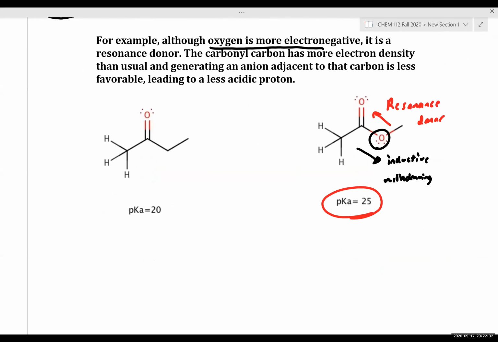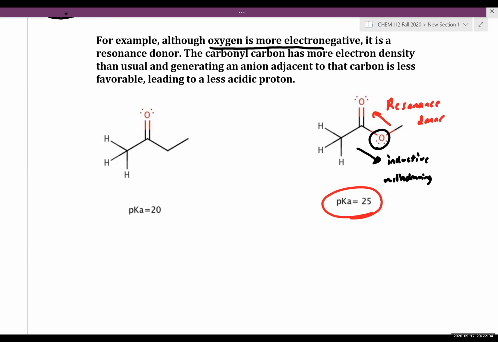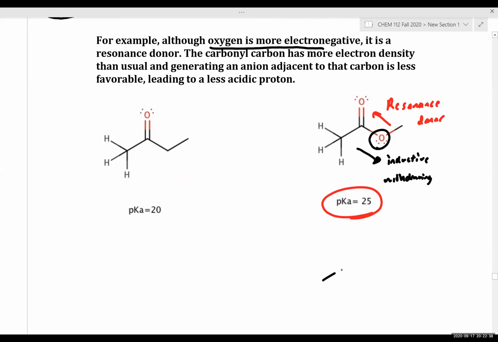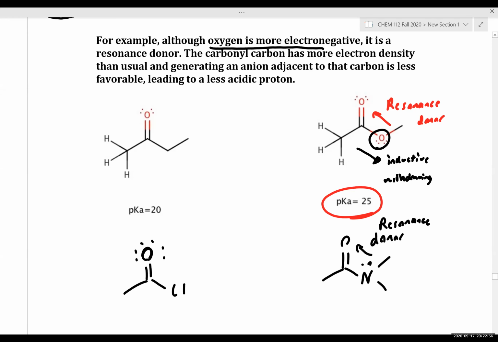Now, we can unpack this a little bit and we can rationalize the exact same trend for nitrogen, where nitrogen is also a donor via resonance. Now, if you're asking, wait, doesn't chlorine do the same thing? Well, chlorine in this case is inductive withdrawing.